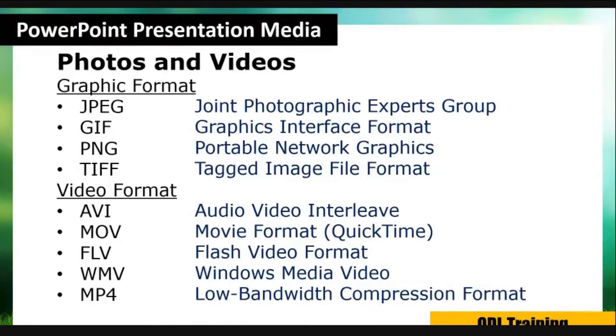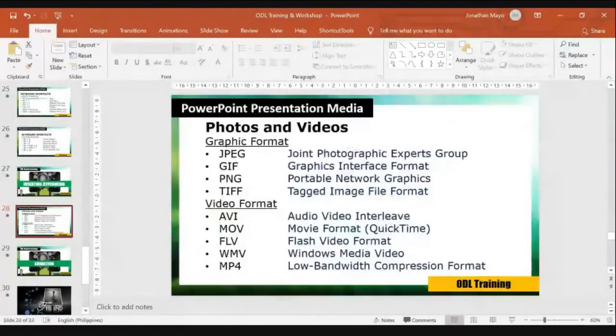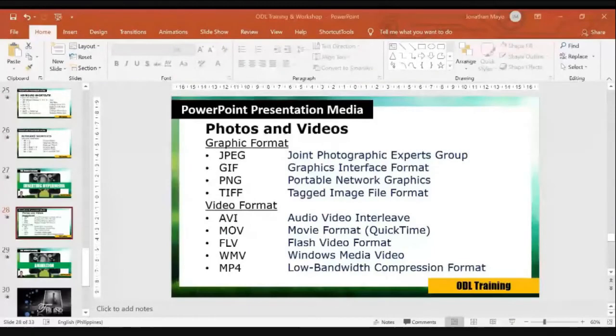Meanwhile, the GIF is the bitmap image. When I'm talking about the bitmap, GIF is the animated format. When you copy the GIF into PowerPoint, for example, you research a picture. Kapag magre-research ka, let's say, pakita na nga natin. Palit lang tayo ng screen.